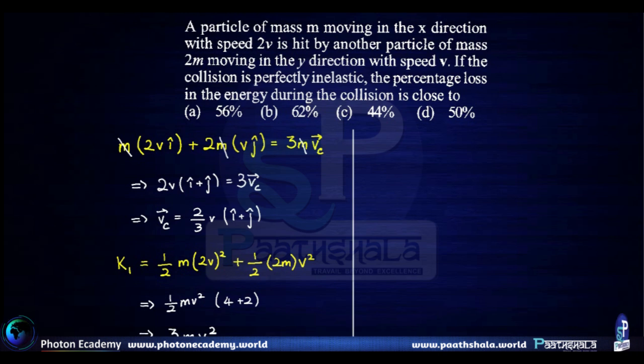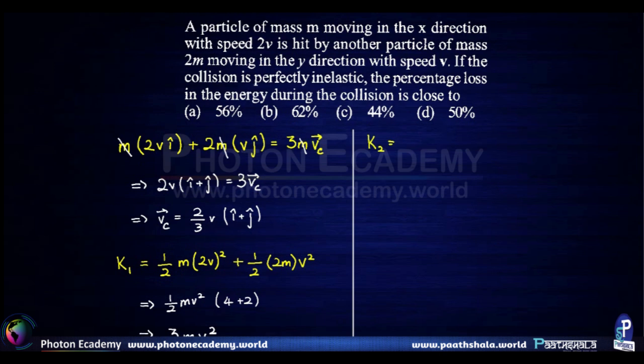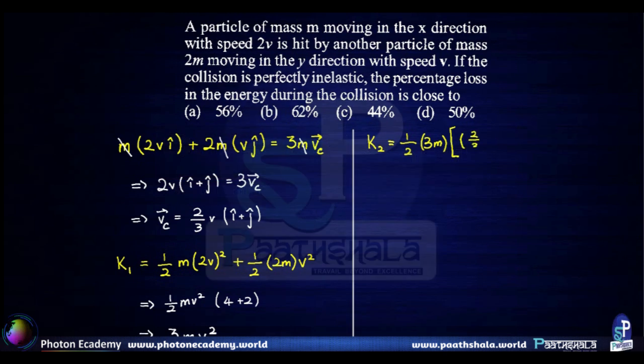What is the kinetic energy after the collision? Let's call it K2, is equal to 1 by 2 into 3m, and what is the velocity, or rather the square of the velocity after the collision? So that would be 2 by 3 v whole squared plus 2 by 3 v whole squared again, since 2 by 3 v is the velocity in the x direction and the y direction.